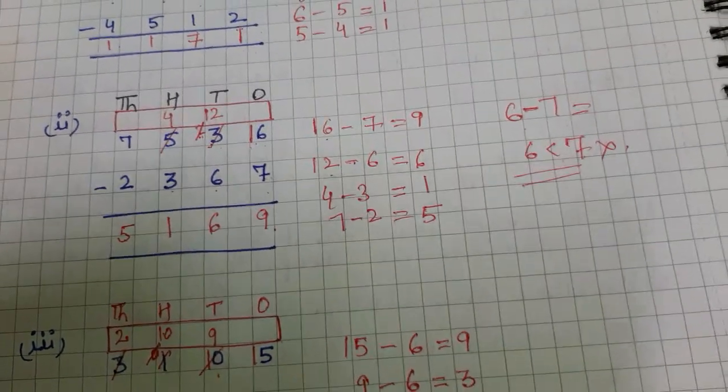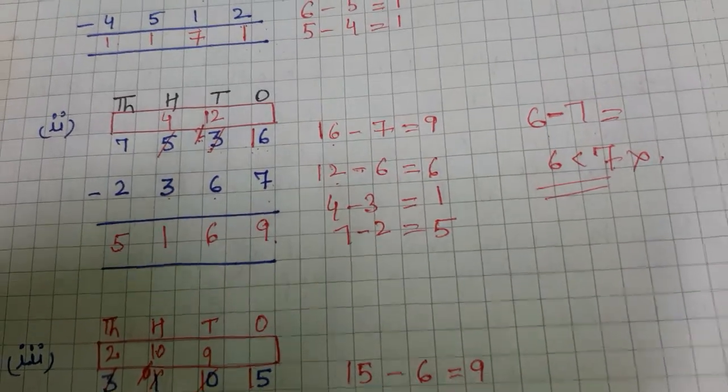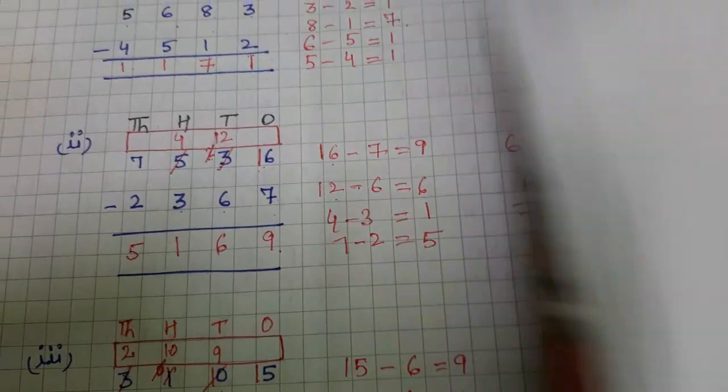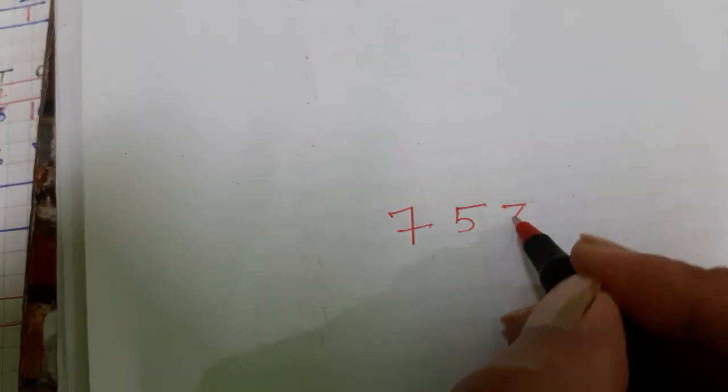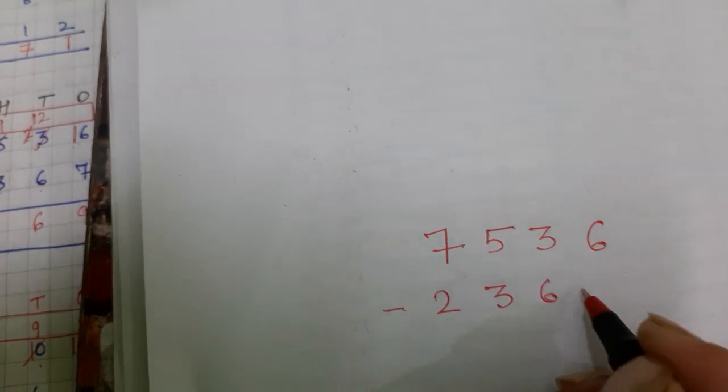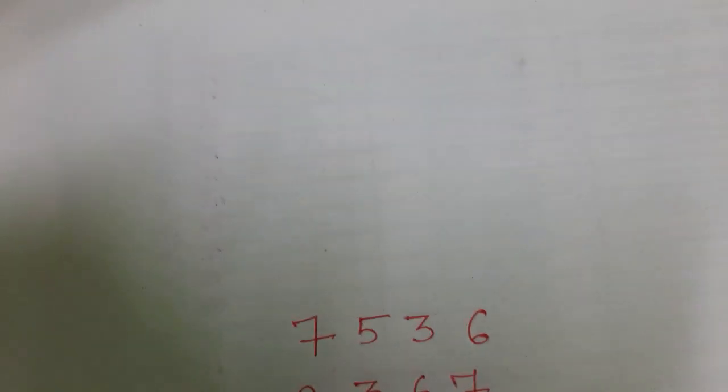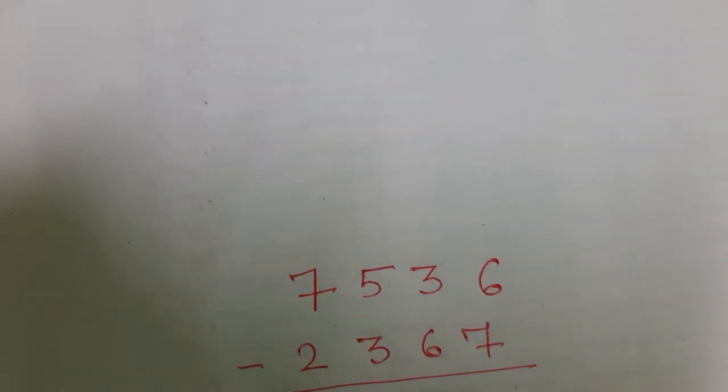So what we are going to do is, let me explain this separately. The number is 7536 minus 2367. Right, students?